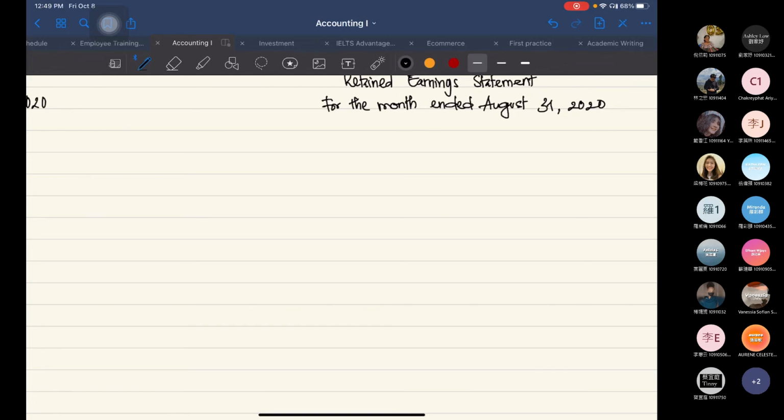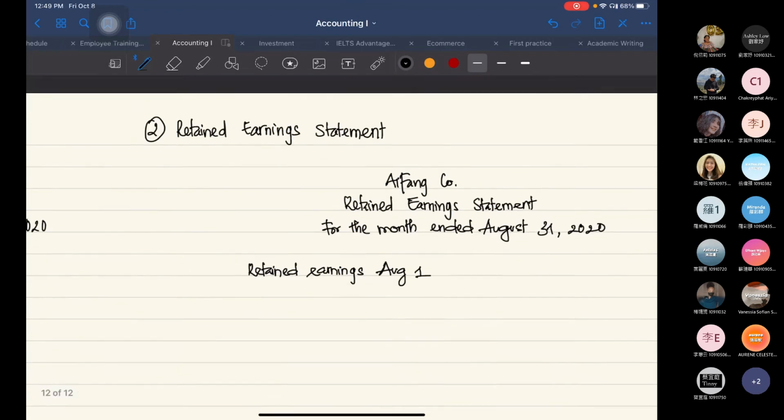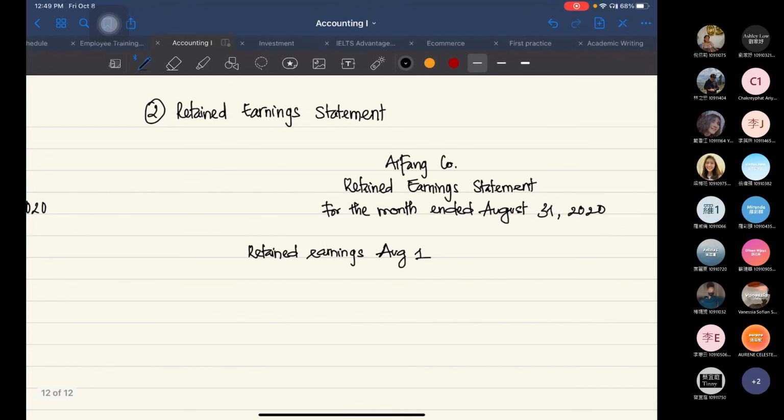So, as I said, does anyone remember what we have here? Okay, retained earnings from August 1st, because this one we're going to do for August 31st.